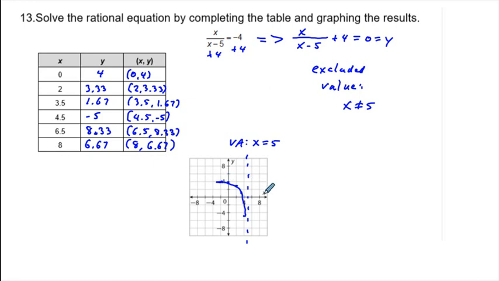And on the right side, we have 4.5, negative 5.